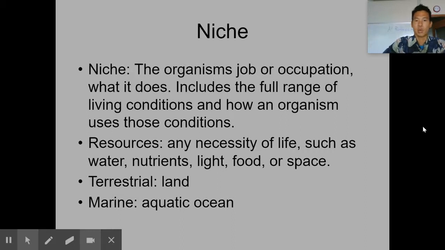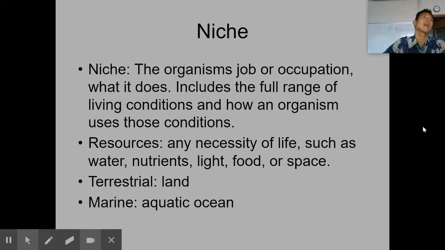Next is resource. A resource is a necessity for life. Examples are water, nutrients, light, food, and space. Do understand that in nature, not all species are as successful as we are. We are so successful that all of our resources can be gotten very easily.